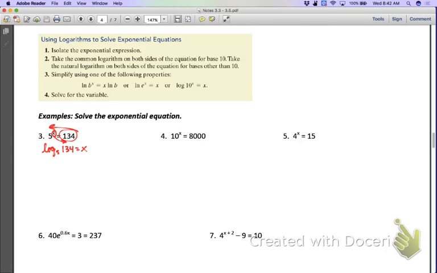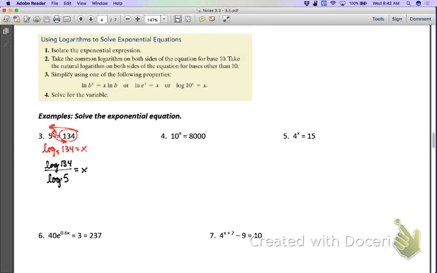If you have a TI-84 that will do it with the base, do it that way. If you're just running with a TI-83 or a regular scientific calculator or just the scientific part on your phone, I'm going to go log of 134 divided by log of 5, and I'm going to do change of base.